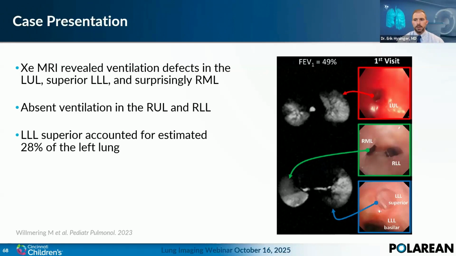So I reached out to the research group that was doing the Xenon work at the time and asked, can you help me understand the answer to this question? It turned out that the left lower lobe, that superior segment, actually accounted for about 28% of the ventilation of the lung on that left side. With that, we thought, well, that's probably going to be worth trying to look at. And what we could see from the combination of the MR and the CT scan is that it looked like it was going to be reasonably healthy lung behind that tissue.